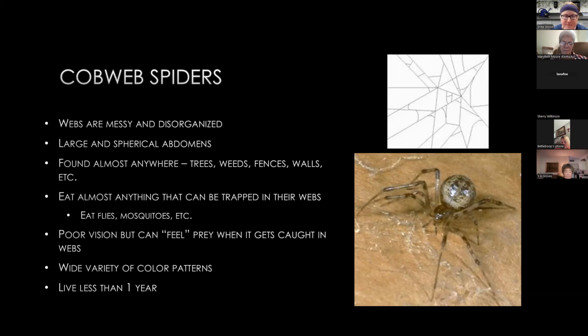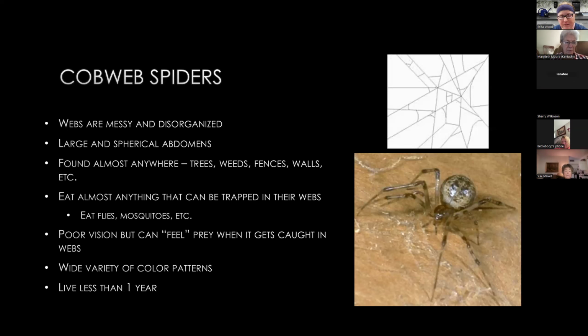Now, with cobweb spiders, they have a variety of little color patterns, and you can see some of that marbling on their abdomen. When it comes to life cycles, most spiders are going to live less than a year.